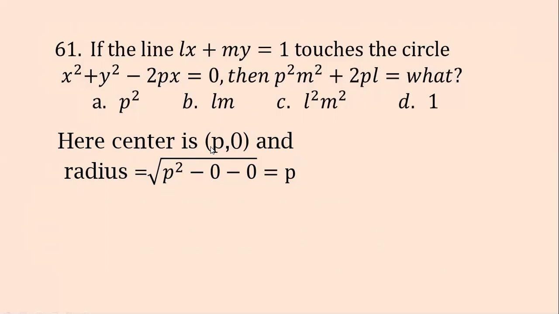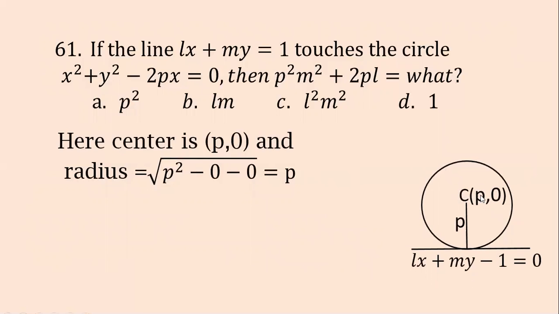So if any straight line touches a circle, then the distance from center to the straight line is equal to its radius. So if the circle touches the straight line or the straight line touches the circle, same thing, then the distance from center to the straight line will be equal to its radius. So distance from (p, 0) to this straight line is equal to p.